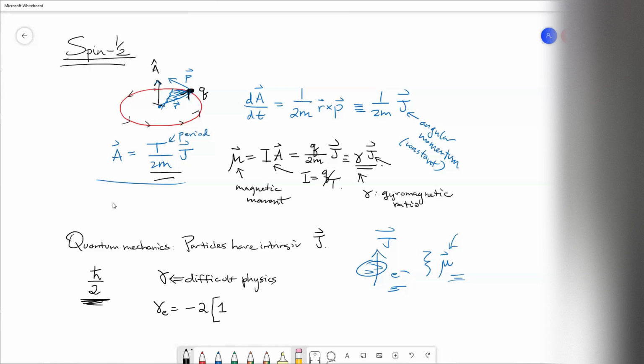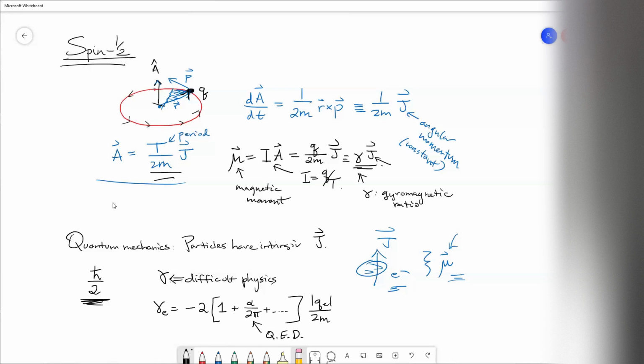You get a whole series of corrections in powers of the fine structure constant that we looked at in chapter 1. And getting these kinds of corrections is the subject of quantum electrodynamics. And the whole thing is proportional to the charge of the electron over 2m. So there are other corrections.